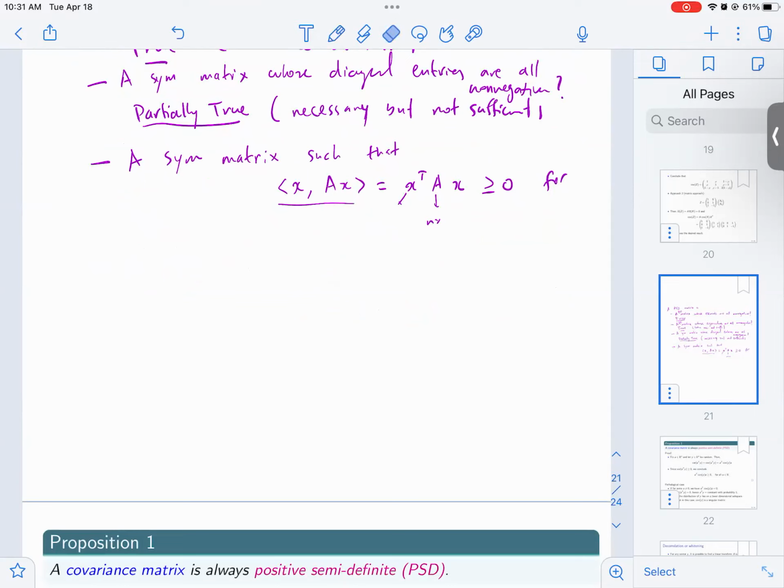So let's see. You have an n by n non-symmetric matrix, and then you can have x transpose AX be non-negative. Are there matrices like that? I can have 1, 0, 0, but this is symmetric. So the question is, is it possible?